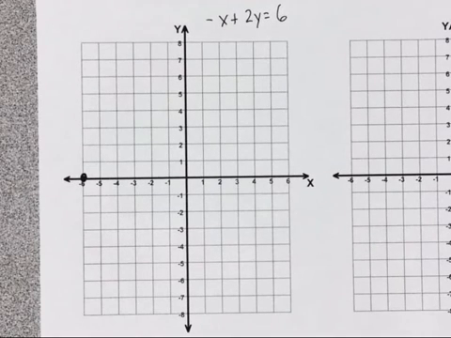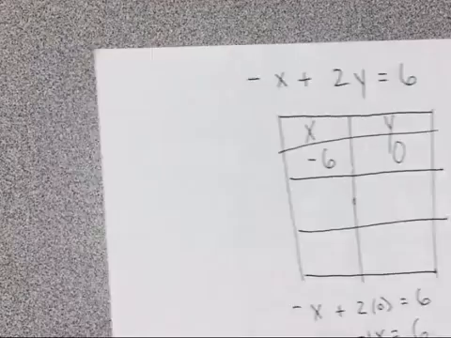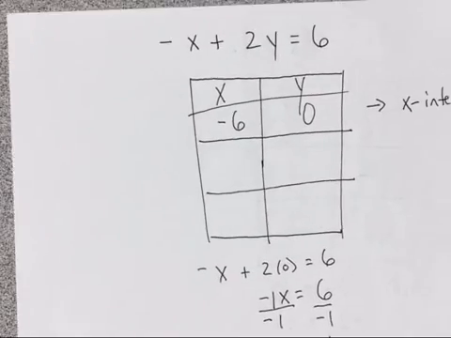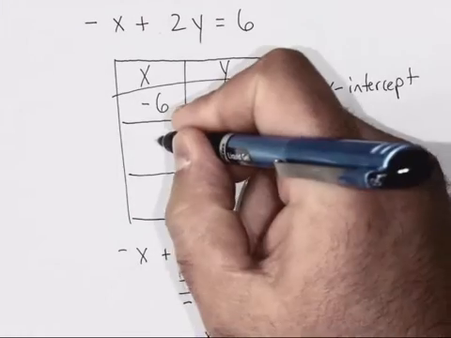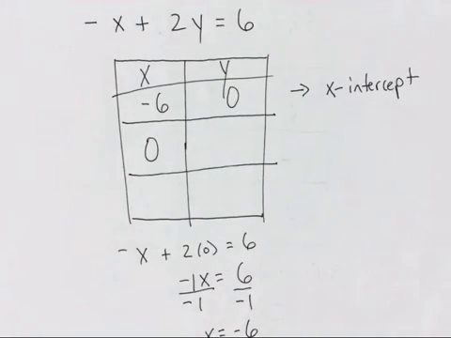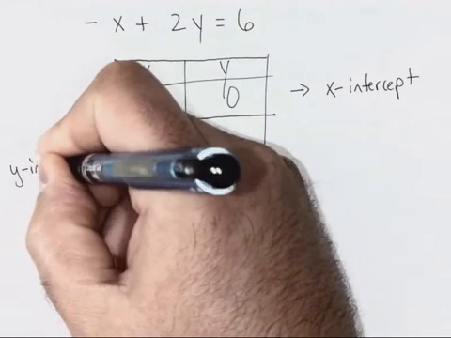So if we plug 0 in for x as the x-coordinate and solve for y, that will then give us the corresponding y-intercept. So we're going to plug 0 in for x. This is going to be our y-intercept.